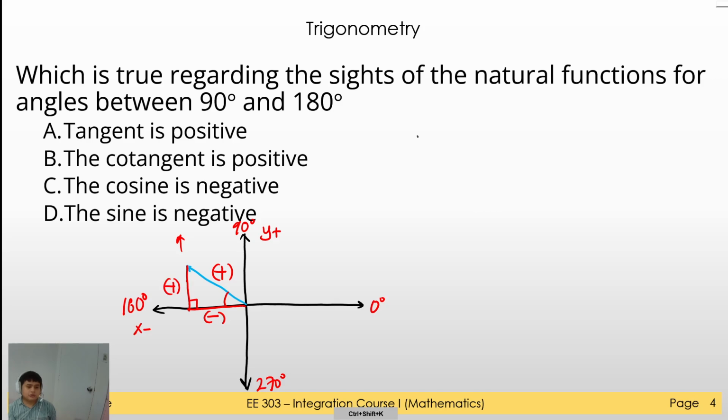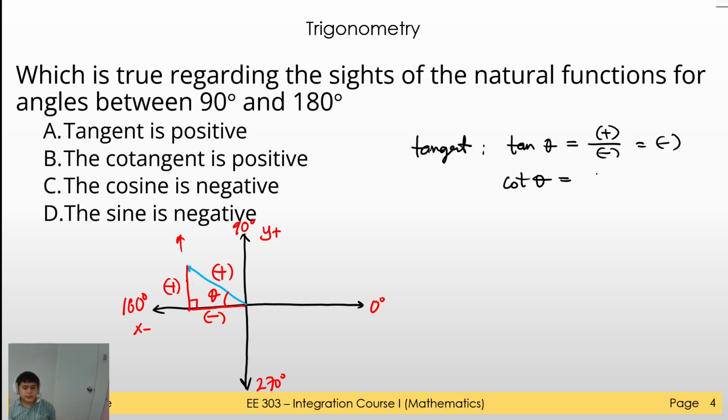Therefore, if you want to find the tangent, let's say this is theta. Tangent theta will be equal to opposite over adjacent, which is positive over negative. So this will be negative. If you want to find cotangent, this will be negative over positive.